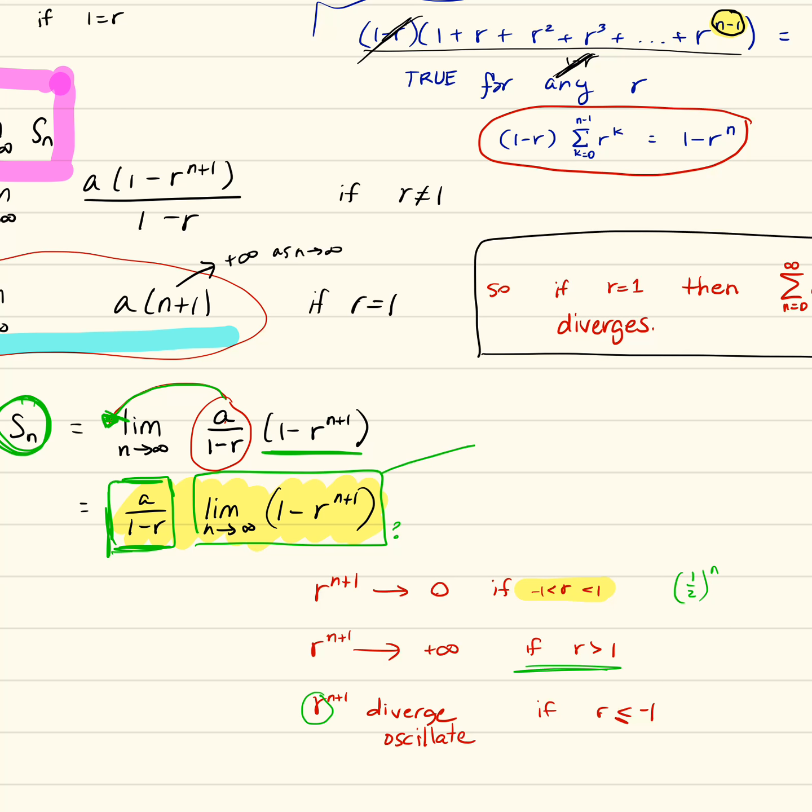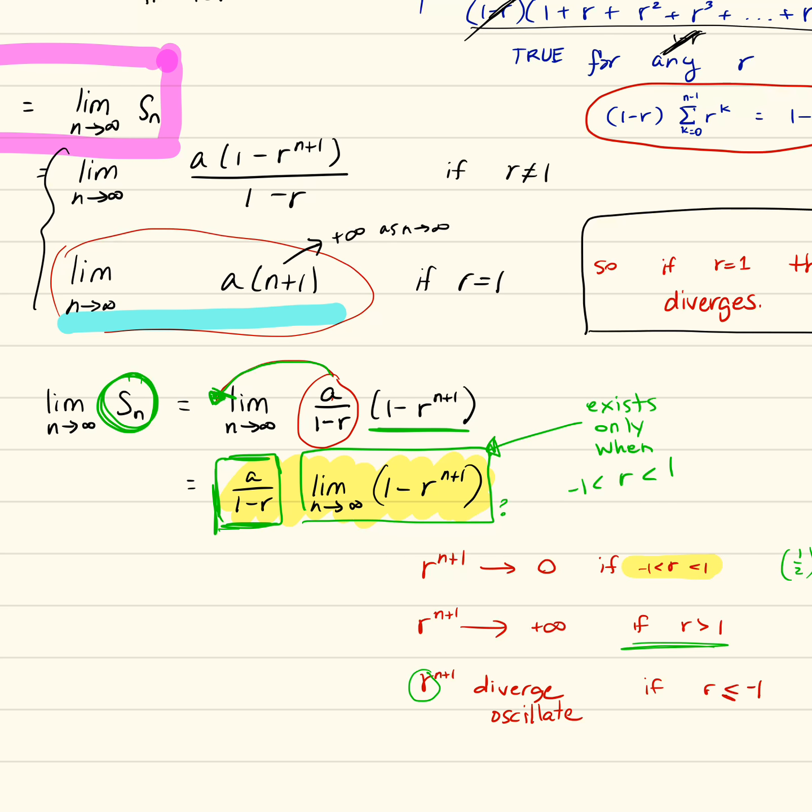The only way this limit exists is when r is in between 1 and negative 1. Let me be a little clearer here.